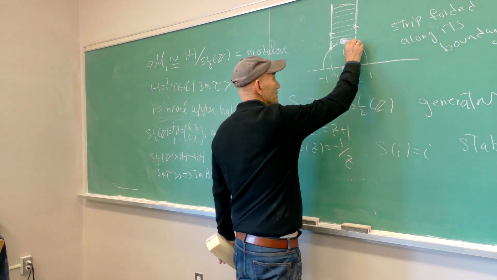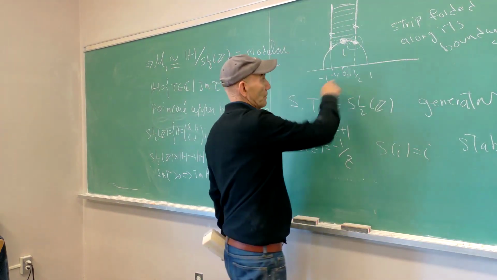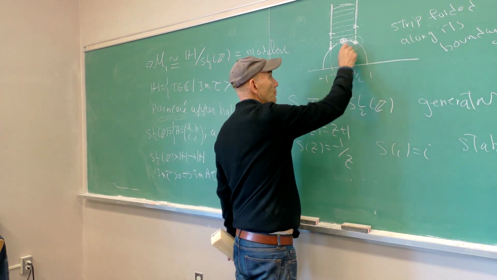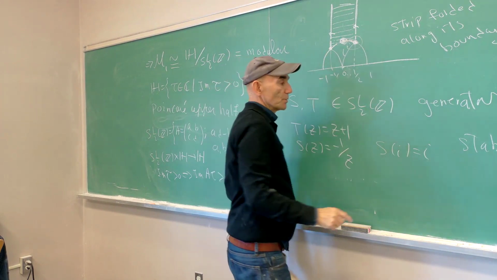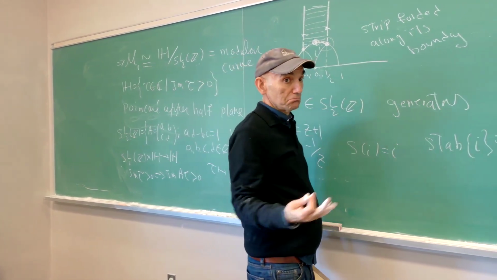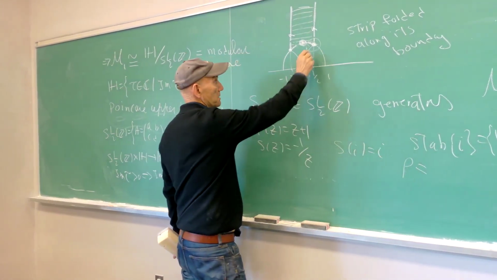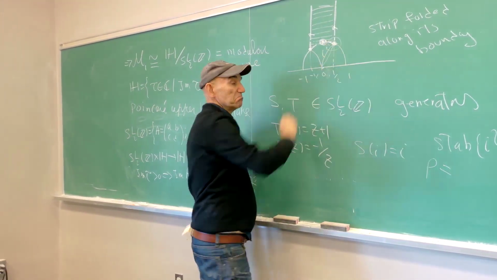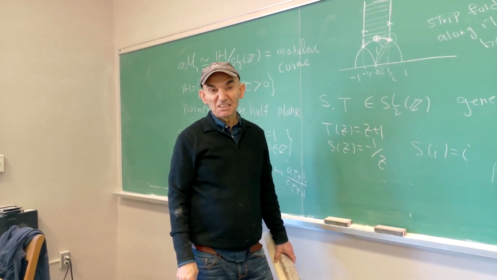Now, what about this point? What is this point, by the way? So this point, maybe we call it rho. You believe me that this angle is going to be 60 degrees.